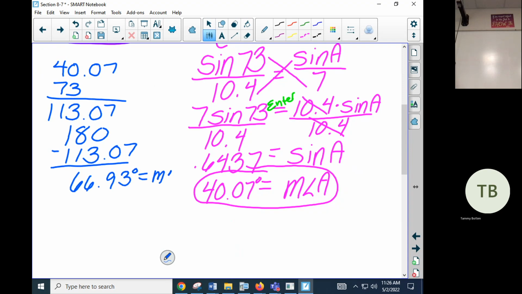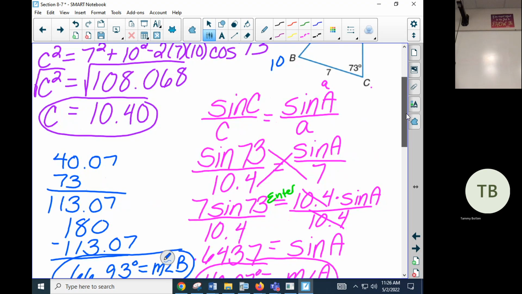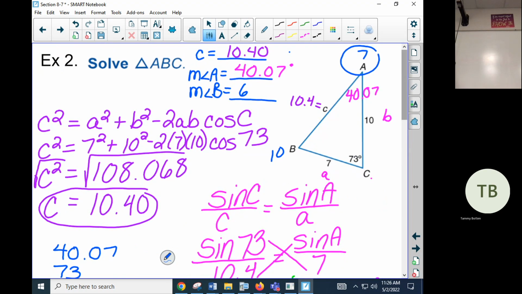And that is the measure of angle B. So we can go back up here, and that would go right here. So this would be our answer.